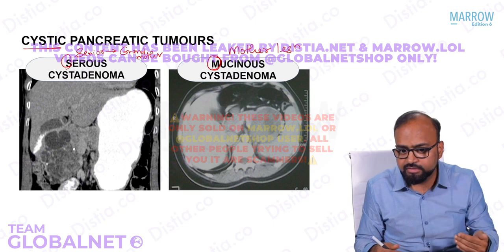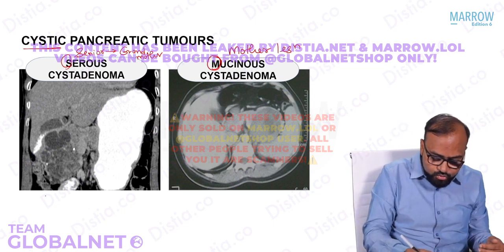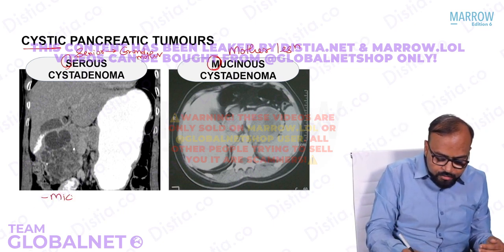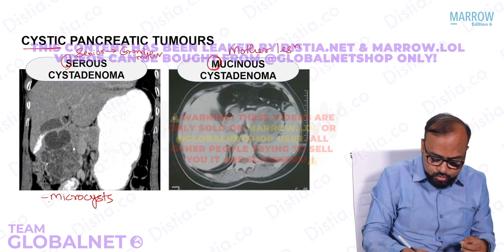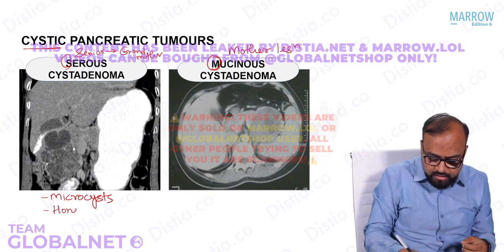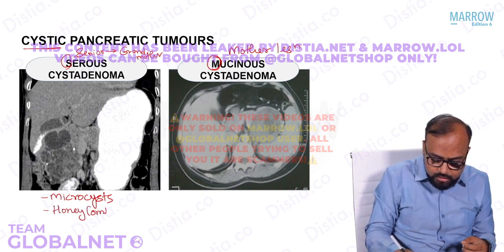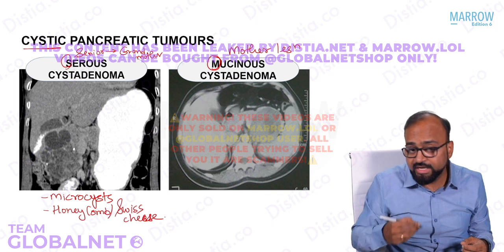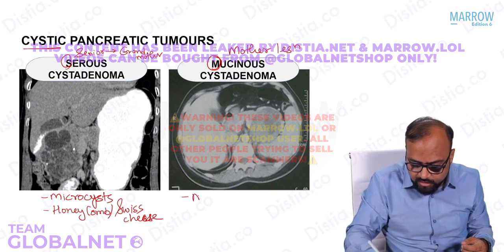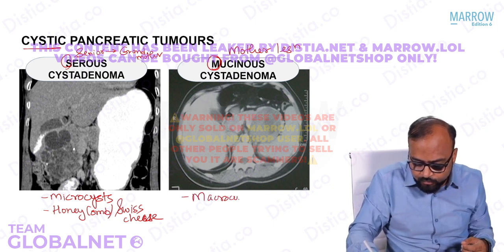Look at the appearance. Now this serous cystadenoma usually has microcysts or small cysts, and because there are microcysts, this gives rise to a honeycomb or a Swiss cheese appearance. Whereas mucinous tumors are macrocystic.